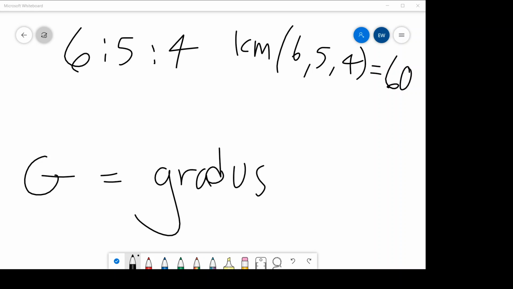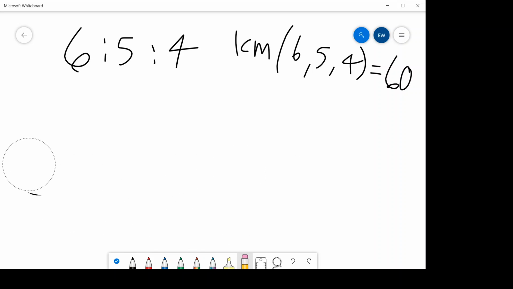Maybe there's some connection with the word grade, I don't know. In any case, that's what it's called, if you ever needed to know that.